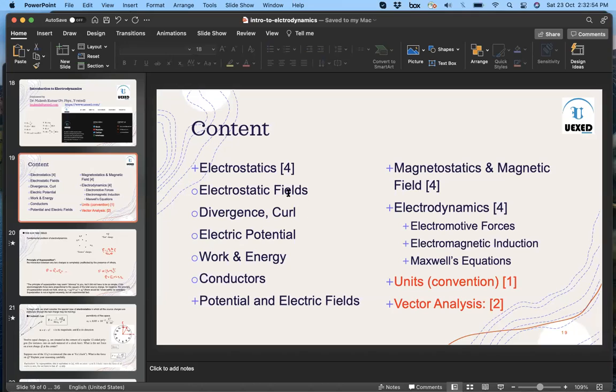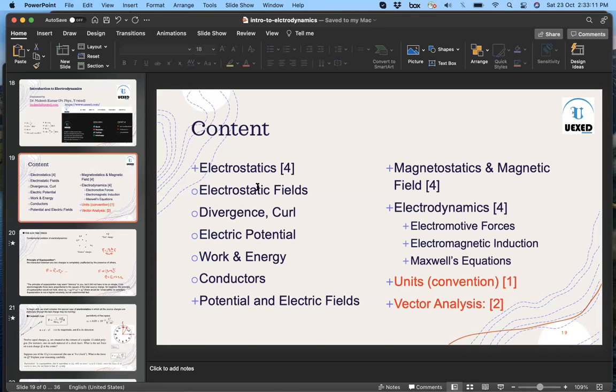But first of all, let me finish this electrostatic part today with the problem I stopped with, for the surface charge and volume charge.